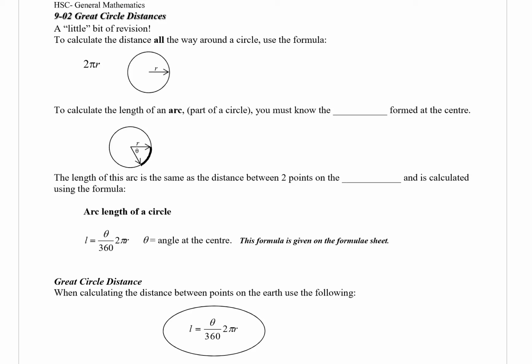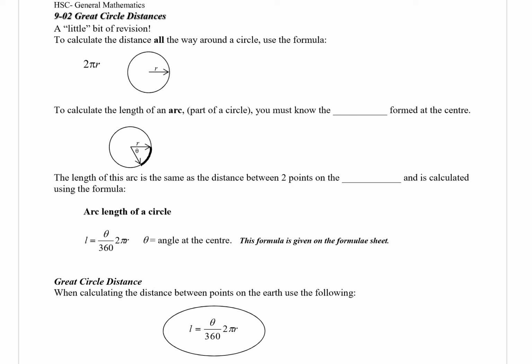In exercise 9.2, we're going to start to calculate the distance between places on the Earth's surface. But it's fairly restricted in that we can only calculate the distance between places that both coincide on a great circle.